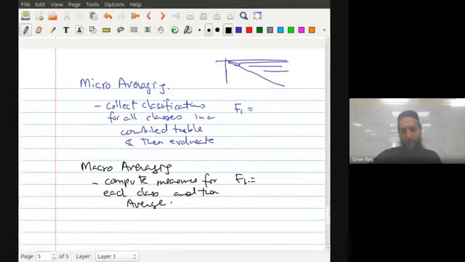So F1 for class 1 would be the precision for class 1, recall for class 1 multiplied by 2 divided by the precision for class 1 plus the recall for class 1.